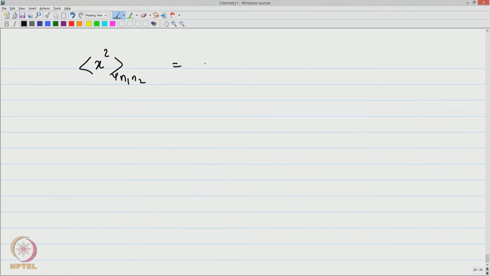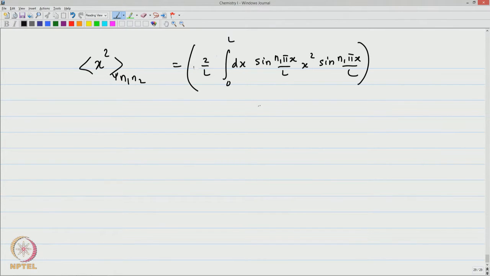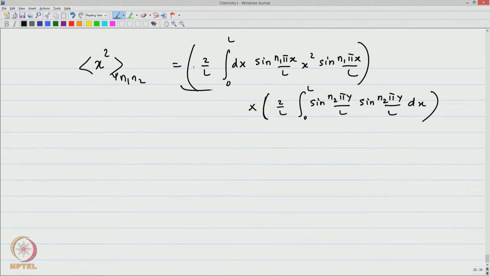You can see immediately that this integral is 2 by L, 0 to L dx sin n1 pi x by L x square sin n1 pi x by L. This is one integral from the x part of it, and the other integral does not have the operator, it is 0 to L sin n2 pi y by L sin n2 pi y by L dy, because this operator x square acts only on the x variable, and therefore the integration is done with the x variable only. This you already did in the previous problem.